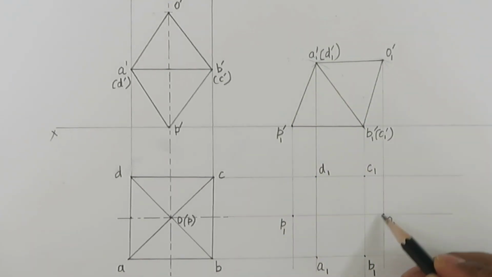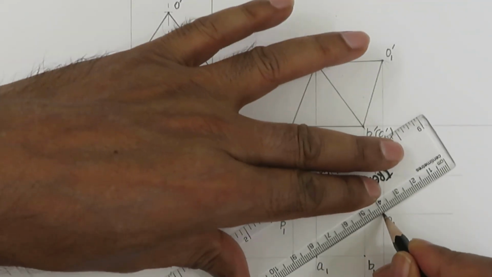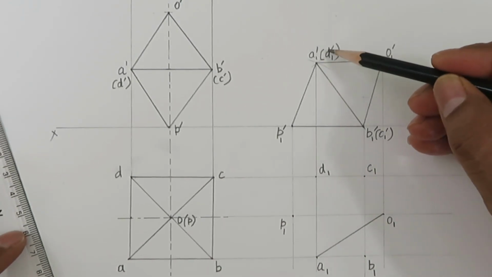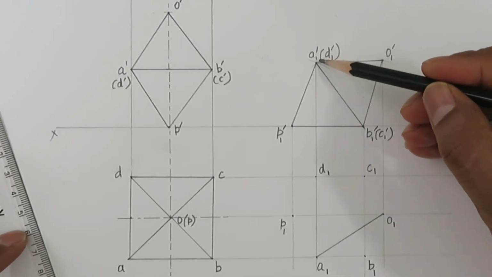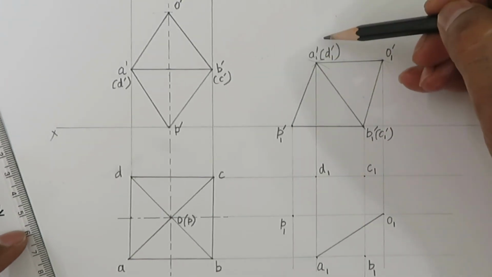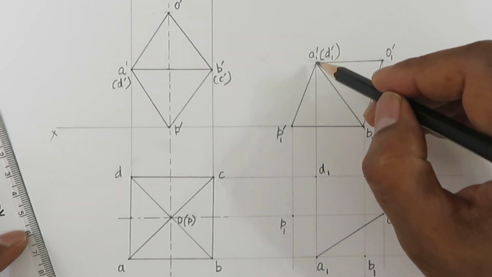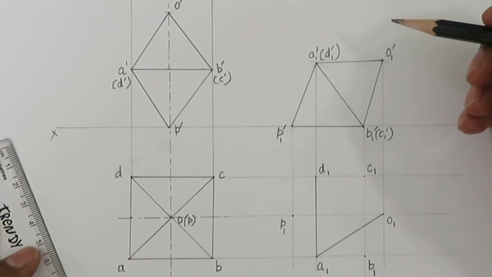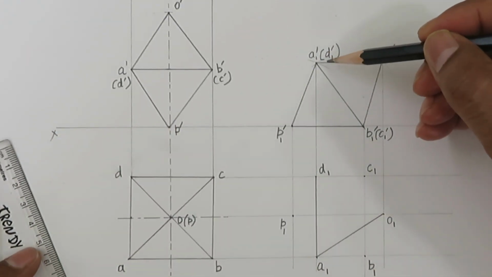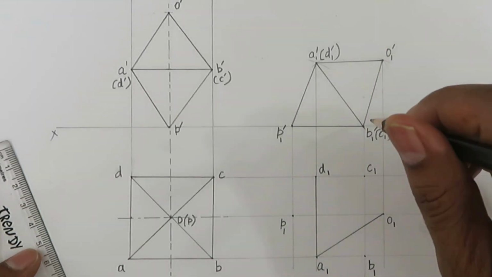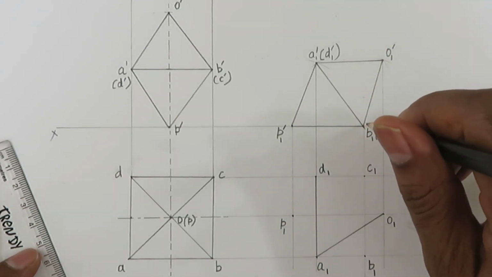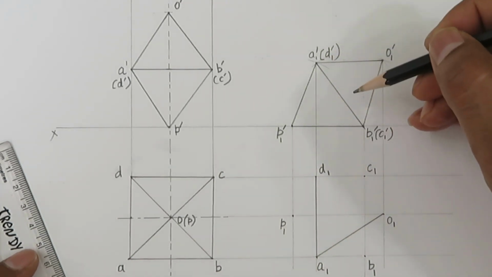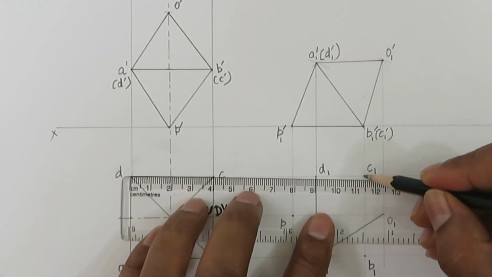So we can find this edge. Similarly, A to D will be visible because we are looking from the top here. D is down there. Okay, so now D and C. C is down there, so the D and C will be visible.